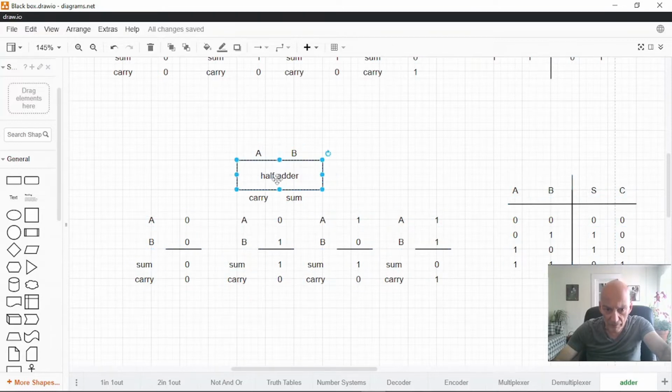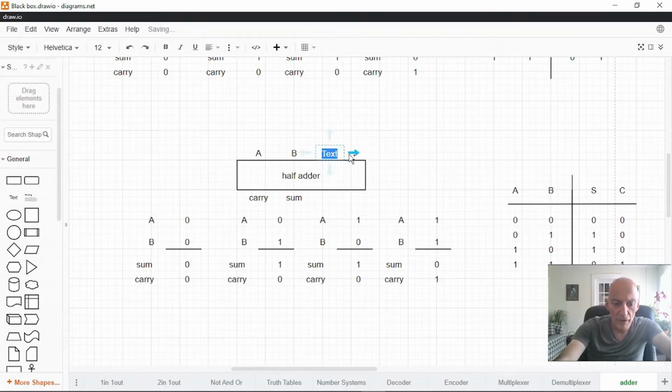For full addition, that means that for our black box, we're also going to have another input that's going to be the carry in. And this carry is going to be the carry out of a less significant position into a more significant position.